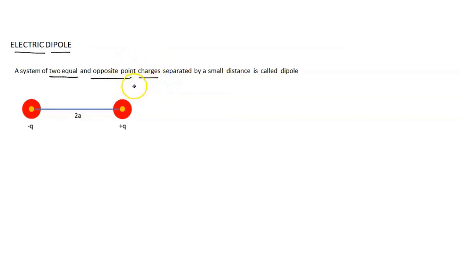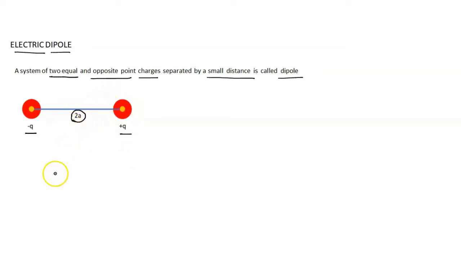It is a very small charge. So a system of two equal and opposite point charges separated by a small distance is called a dipole.